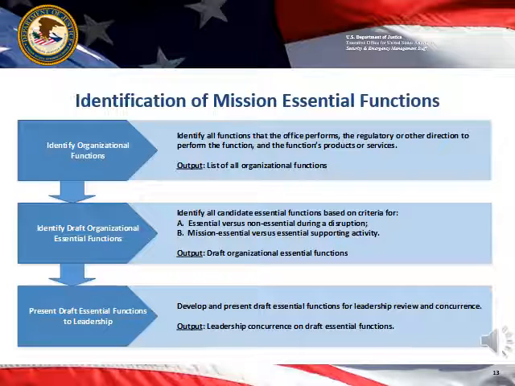The list of organizational functions must include a description of each function in basic terms, the requirement to perform each function, listing the applicable statute, regulation, presidential directive, or other legal authority, and the products or services delivered or actions each function accomplishes. Step 2 involves reviewing each specified function and determining which functions are potential new mission essential functions.